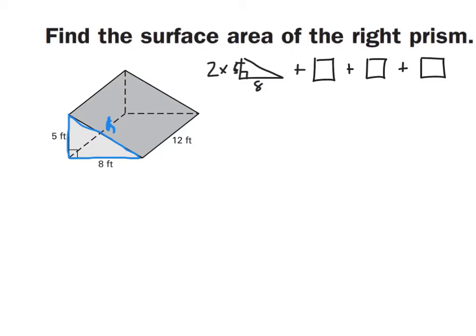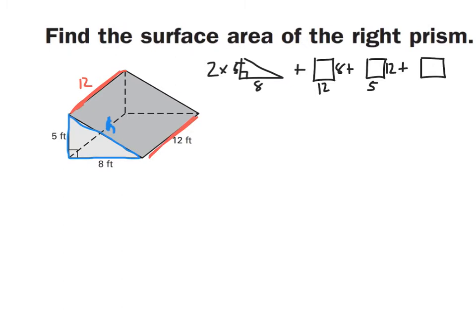All right, well, let's look at the rectangle that's on the bottom. What's its dimensions? 12 by 8. Look at the rectangle that's on the left side. What's its dimensions? 5 by 12. This side here is 12. That means this side here is also 12. Because that's a rectangle, so therefore it's a 5 by 12 rectangle there on the left side.